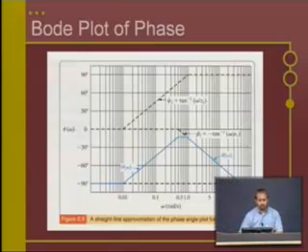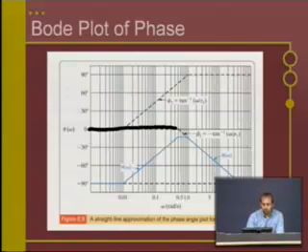So there's a constant influence from the K0 term going across here. And then there's two increasing terms for the two zeros.